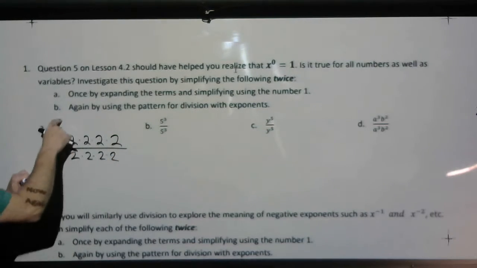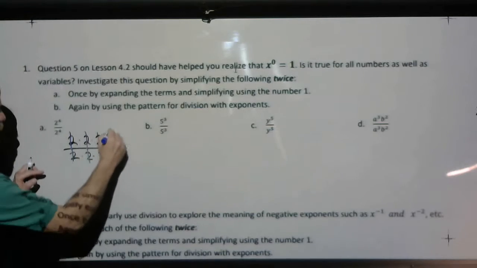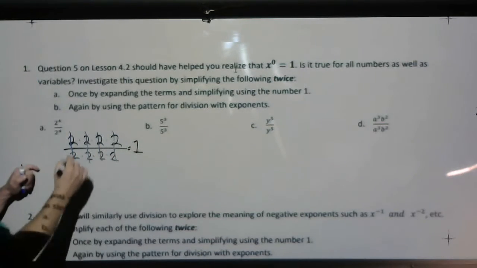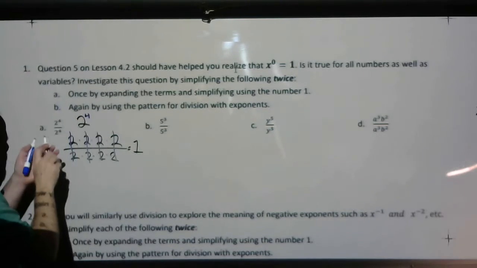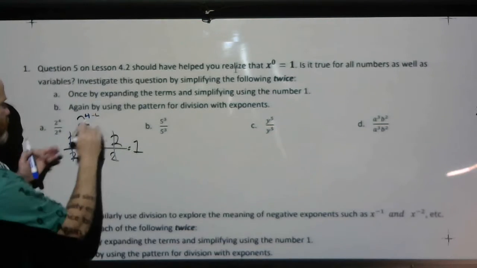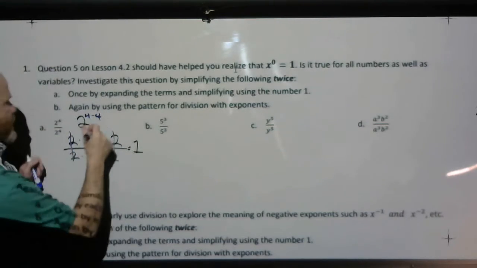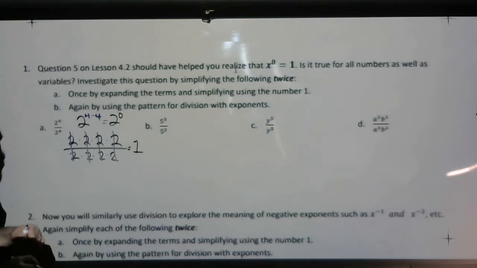Okay, we have the exponents there, and we're going to make these expressions of 1 so that we can see that, in fact, that does equal 1. So if I had 2 to the 4th power minus 4 is equal to 2 to the 0 power, which is equal to 1.